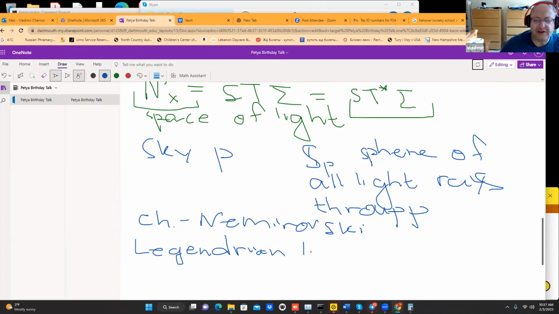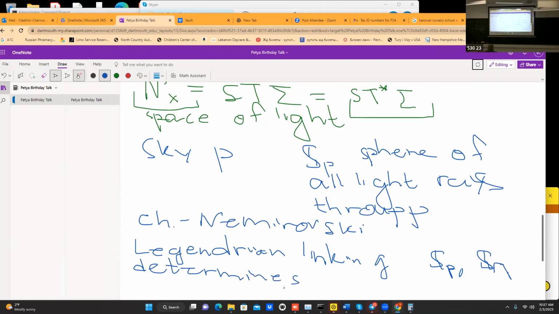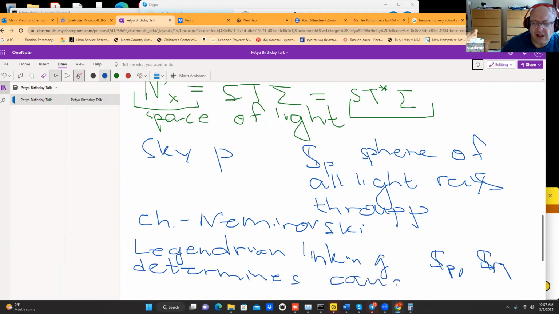So the Legendrian linking of two skies, of P and Q, determines causality. So what is causality? Causality just means that there is a causal trajectory between points. So you can get from one point to another without exceeding the speed of light.